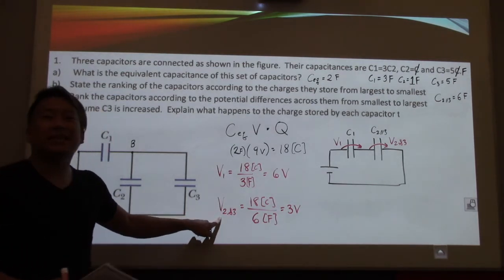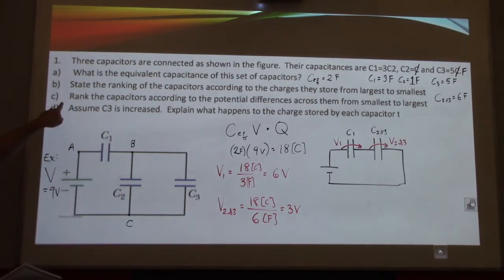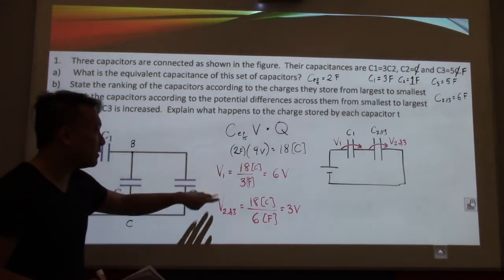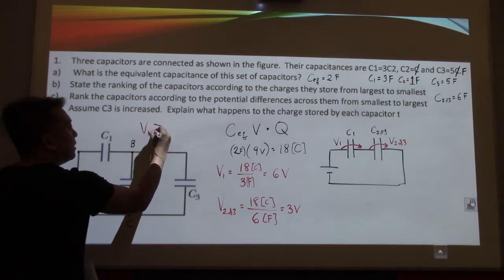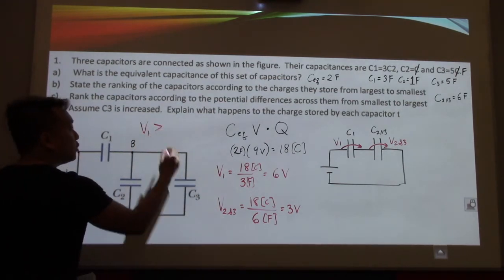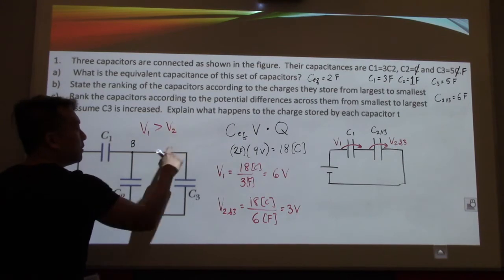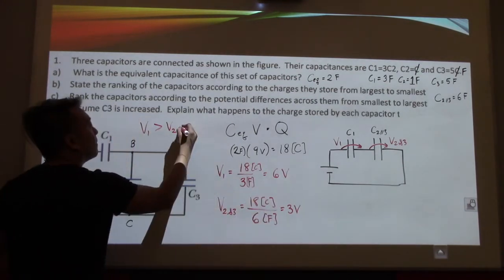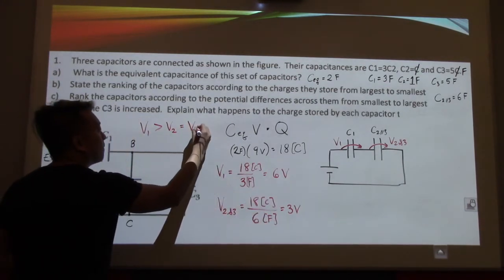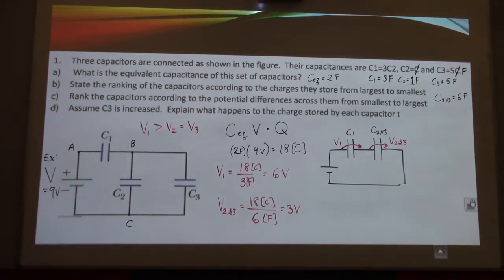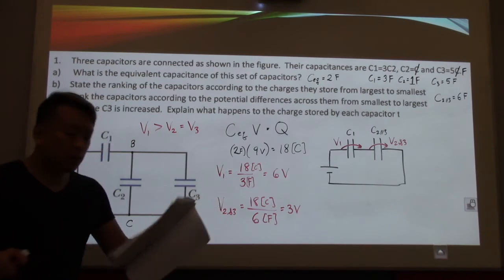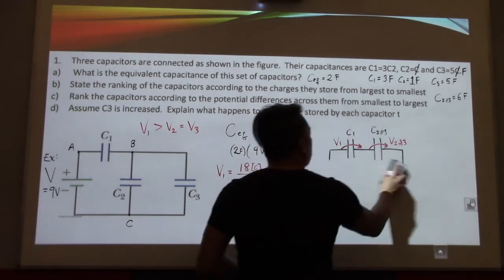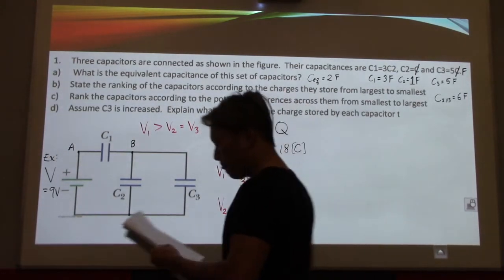So we see that we kind of already answered part C in advance, because we're seeing that voltage 1 is larger than voltage 2 and 3, but voltage 2 and 3 are the same. So that's kind of alluding to that. Okay, having that, we can now do this, which I want to draw really good.